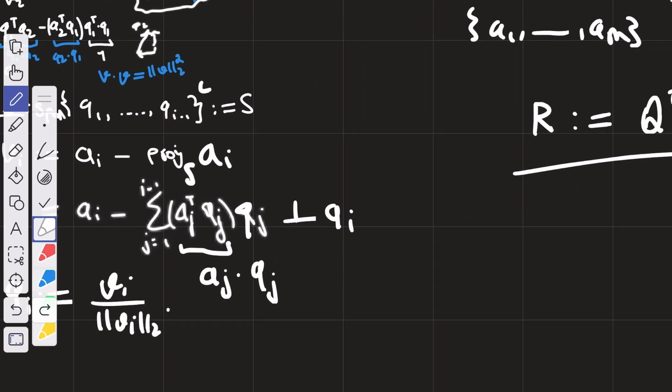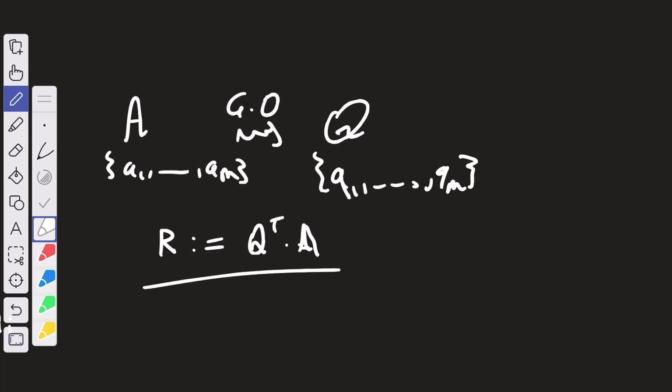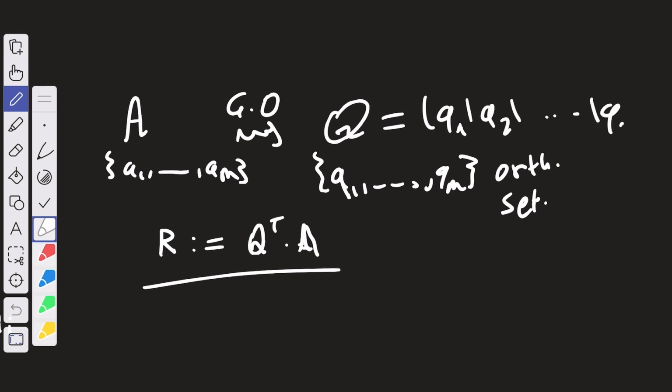So let us recap what we've done. We started with a matrix A with arbitrary columns, and we transformed it using Gram-Schmidt orthogonalization into an orthonormal set. It is again easy to check that if you take Q to be the matrix whose columns are formed by this set, Q will in fact be a unitary matrix.